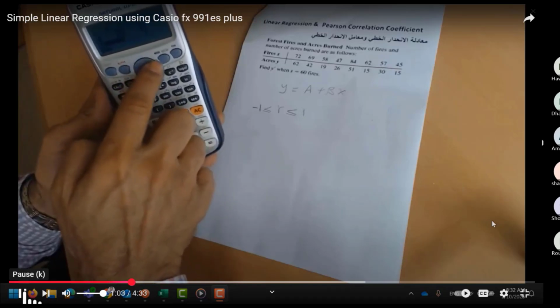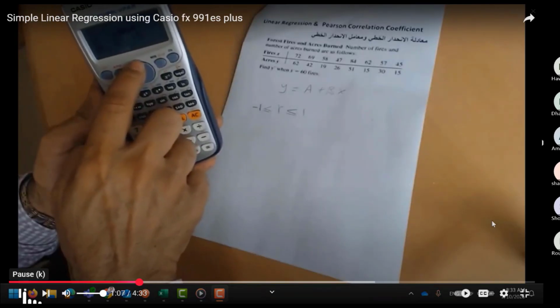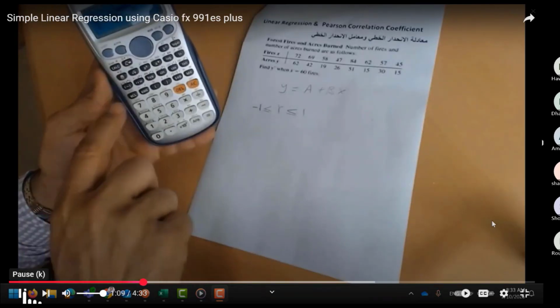Now after I finish X, I use this round key to go up to the first row.